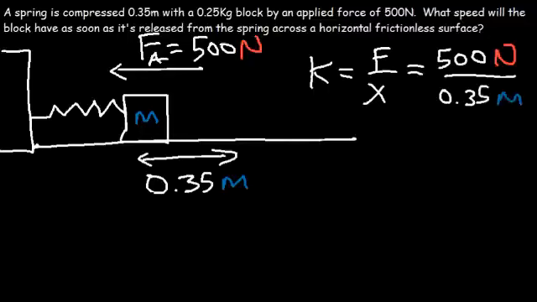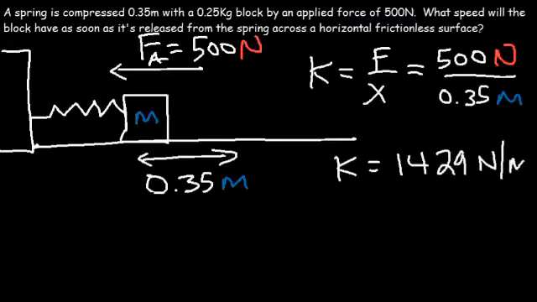So if we divide these two, we'll see that the spring constant is about 1429, rounded to the nearest whole number, newtons per meter. So now that we have the spring constant, we can use conservation of energy to calculate how fast it's going to move.